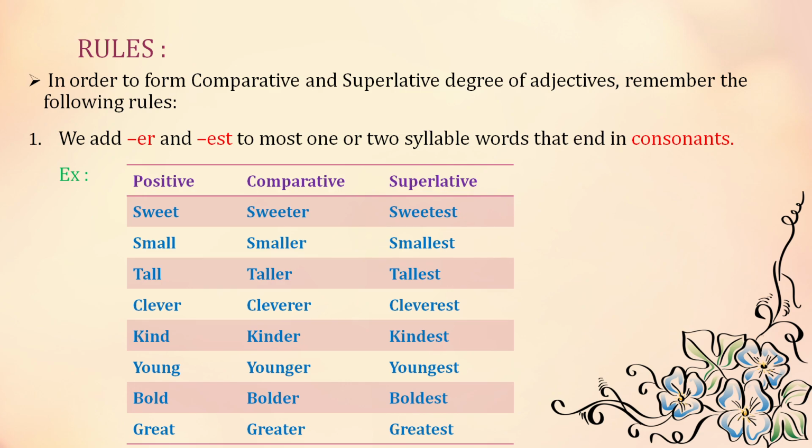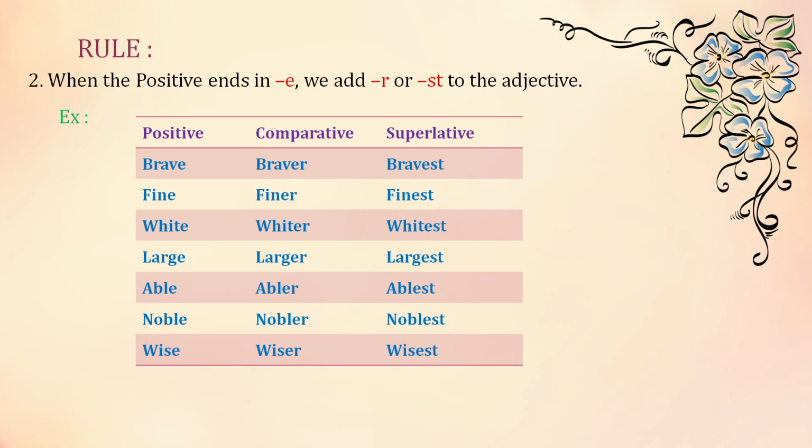And it goes on. Rule number 2: when the positive ends in E. Keep in mind, when the positive is ending with E, here you can see brave, it's ending with E, E, E. Everywhere you can see the last alphabet is E. So when a positive ends in E, we simply add R or ST to the adjective.